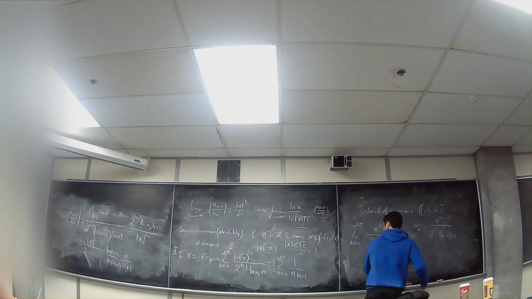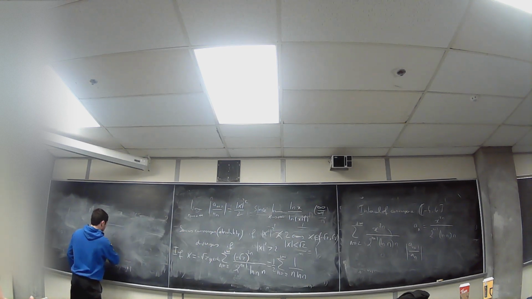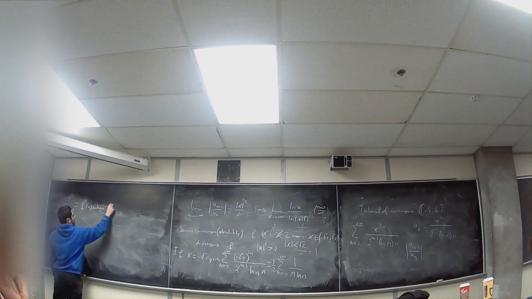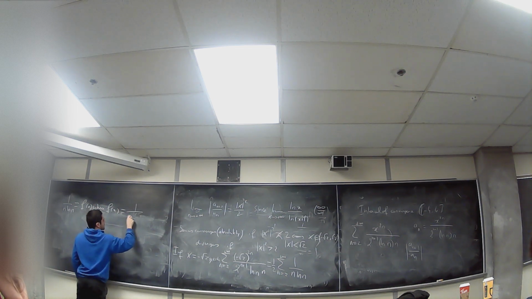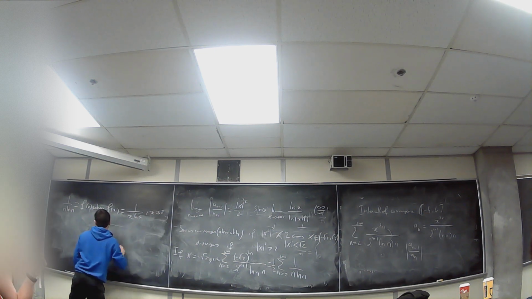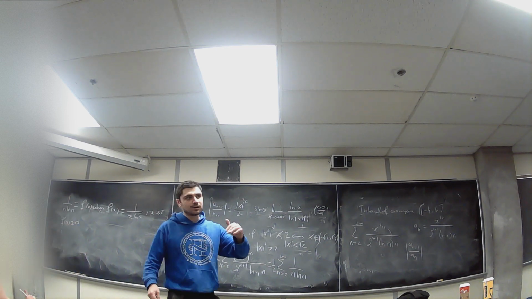Okay, so let's write this. 1 over n log n is equal to f of n, where f of x is 1 over x ln x, for x bigger or equal to 2. Okay? Now, f of x is clearly positive, right? Because x log x is positive. And x log x is increasing and positive. So 1 over x log x is decreasing.